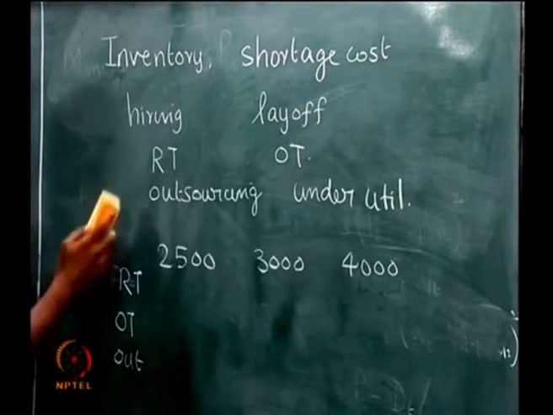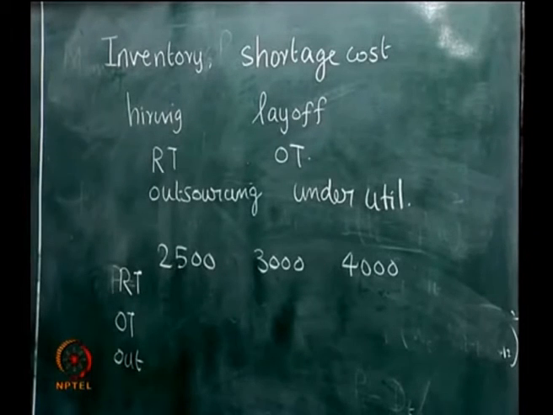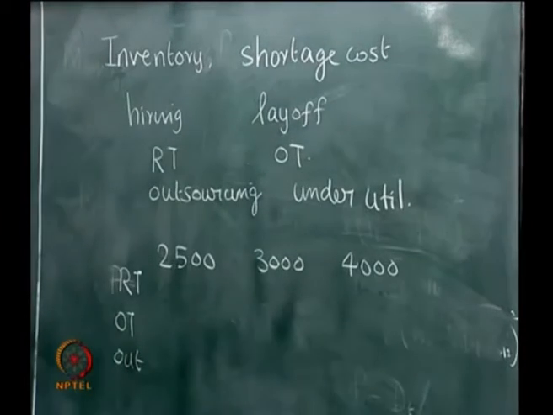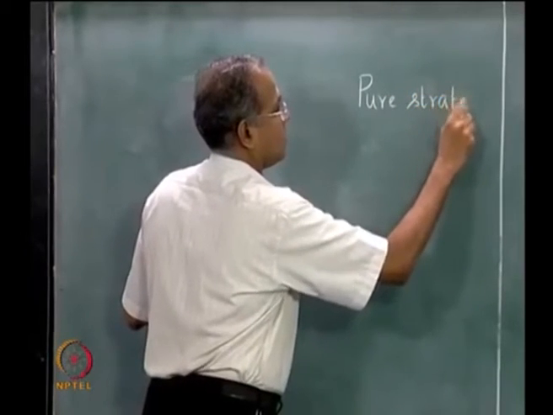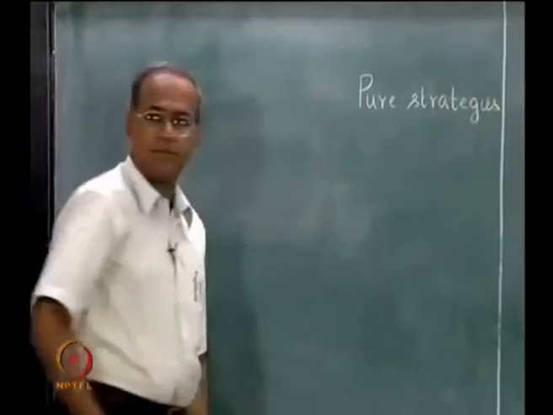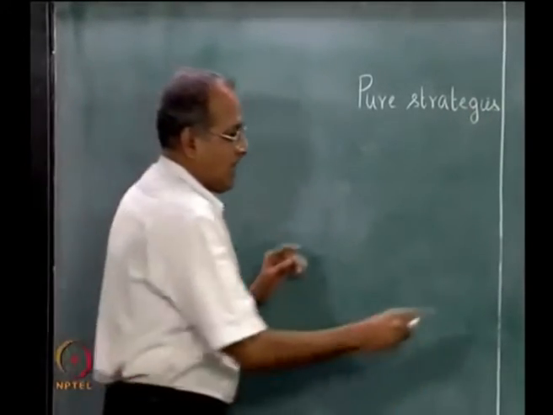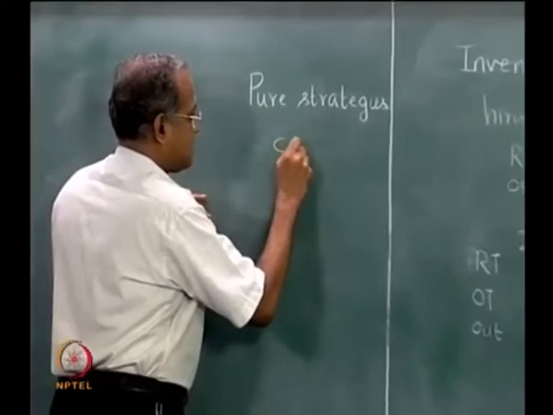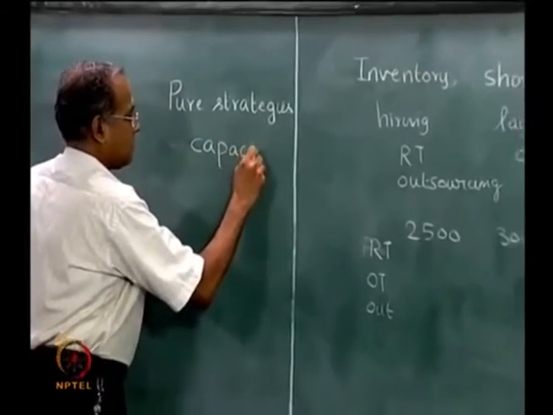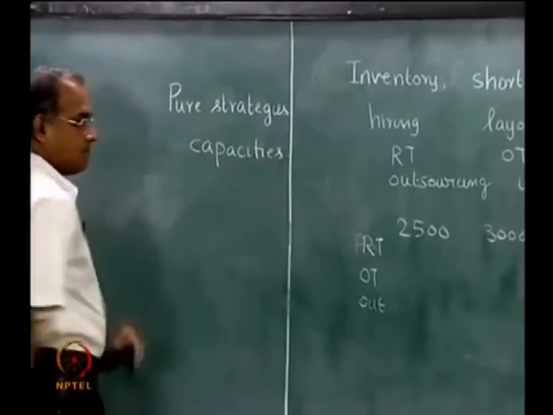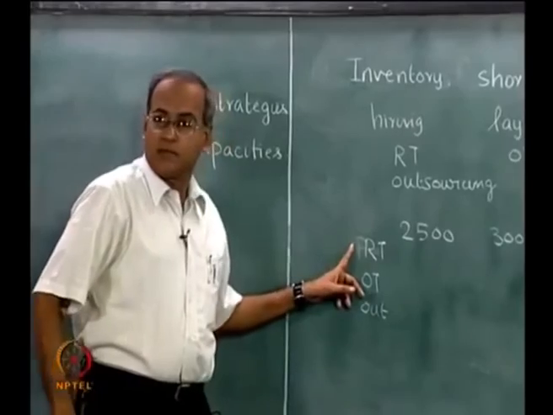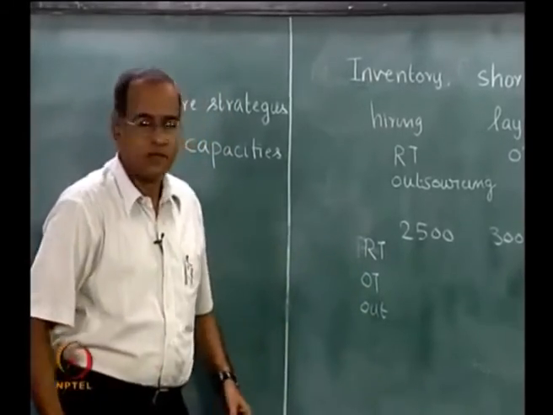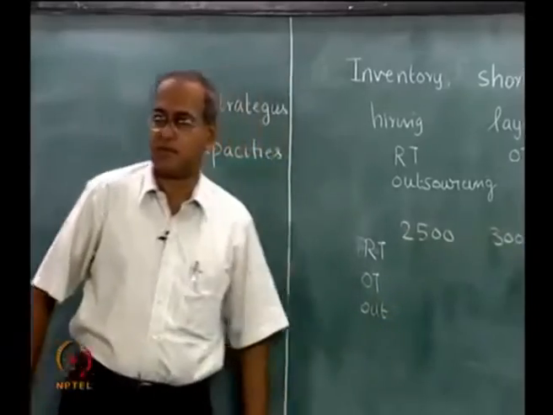So, if we look at this, the things that we can play around with are, one, to consider the pure strategies. The other is to adjust the capacities. Somewhere in the discussion I mentioned that the regular time capacity, if it is 2000, let us say, will be 2000 in all these months.